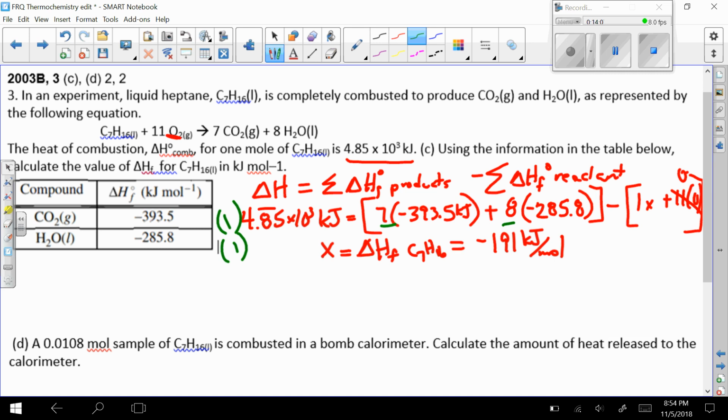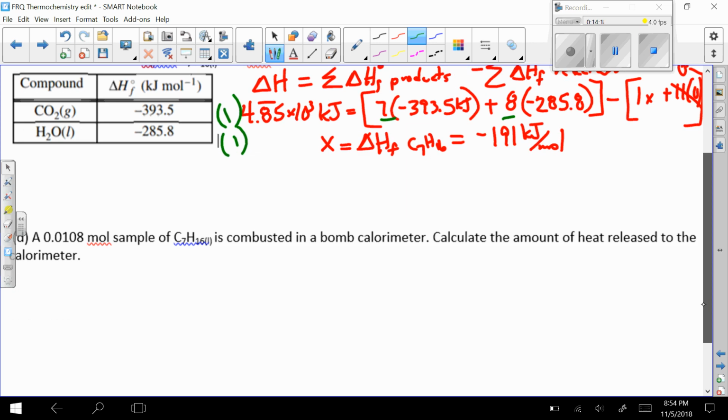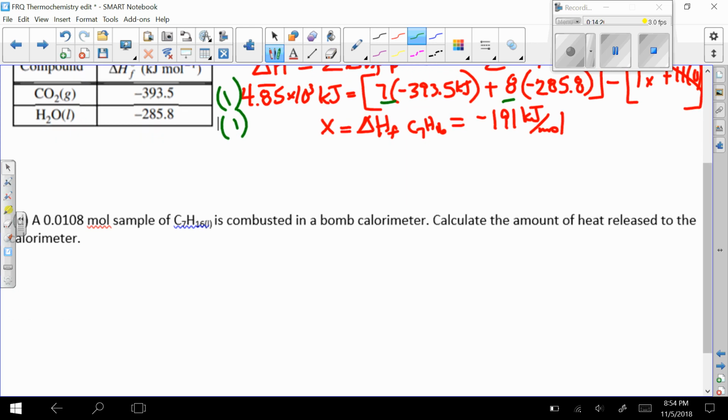Okay, the next problem, now we're taking a 0.0108 mole sample, and we're combusting it in a bomb calorimeter, and we want to know how much heat is released to the calorimeter.